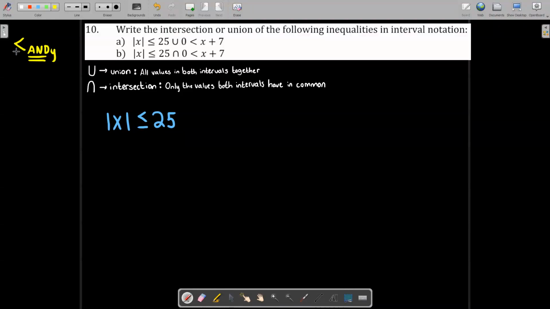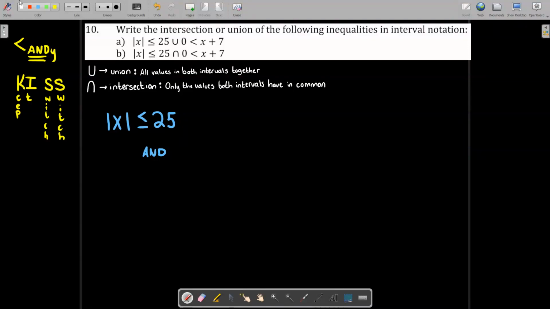If it was a greater than symbol, it'd be facing the other way. It would not look like a C. You could not spell candy with it, and it would be an or problem. So this is going to be an and problem. And then I also taught you KISS, which stands for keep it, talking about the left side of the inequality, and then switch, which means switch the inequality sign and then switch the number from positive to negative or vice versa.